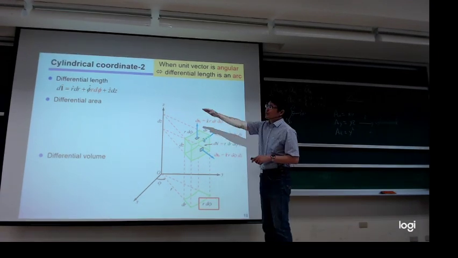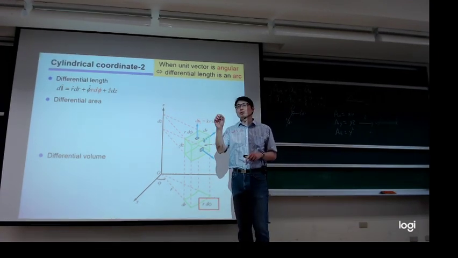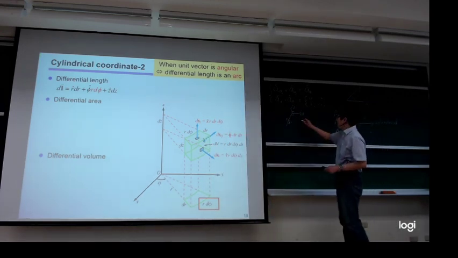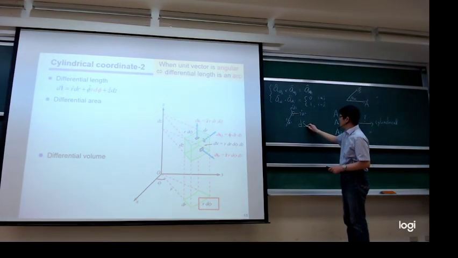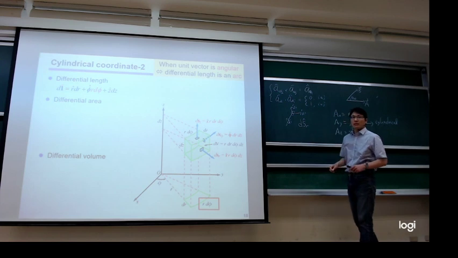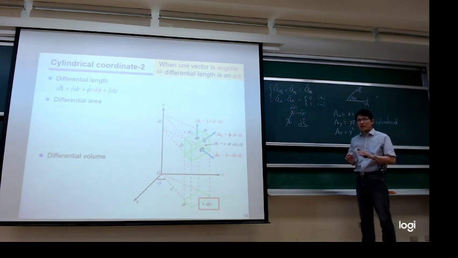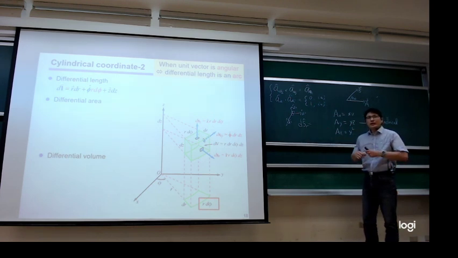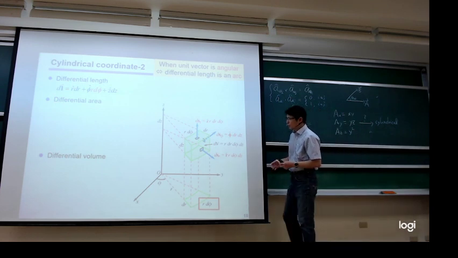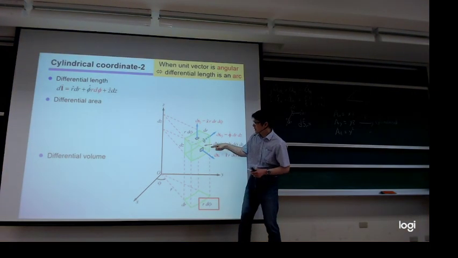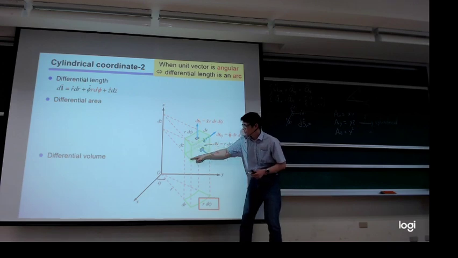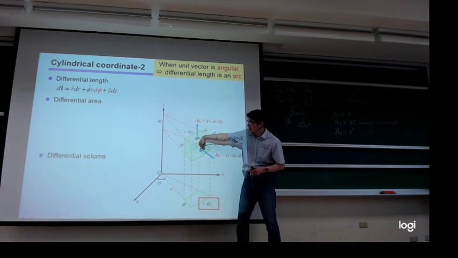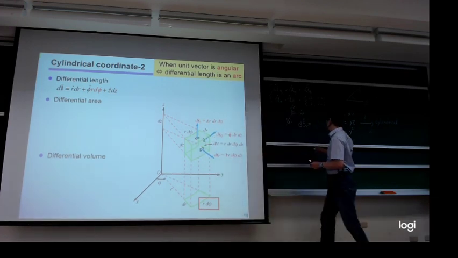Now, differential area. Take a moment to write down the first one for yourself: how to properly express ds r. Remember, surfaces are all vectors. Your differential surface in the r direction, what do I mean? This one, for example, this area has a surface normal pointing in the r direction.